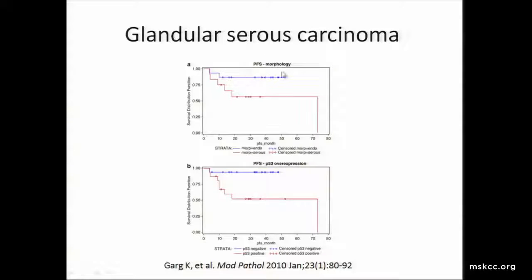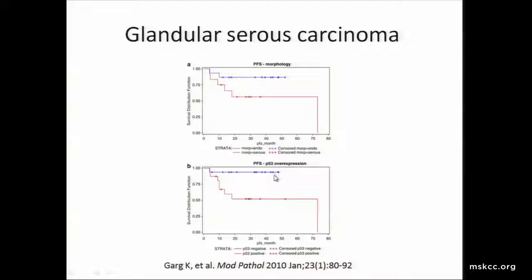We then performed the same experiment using a number of fellows and attendings from the department, and they were not able to separate the grade 2 endometrioid carcinomas from the serous carcinomas, with only one exception. The person who was able to produce a Kaplan-Meier survival curve that looked like this was a fellow who had just finished her gynecologic pathology rotation on our service, which means the pathologists are educable.